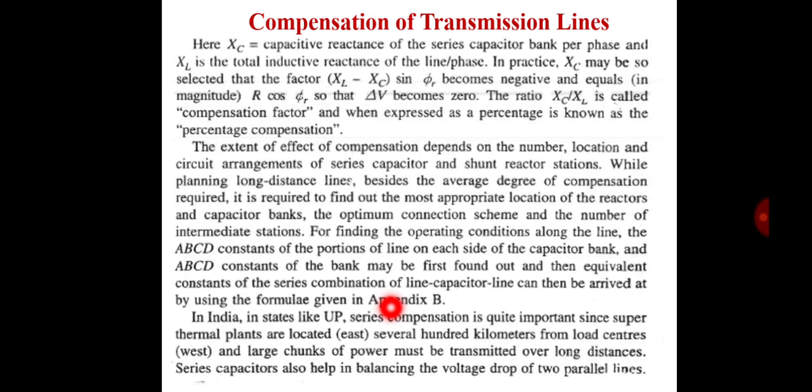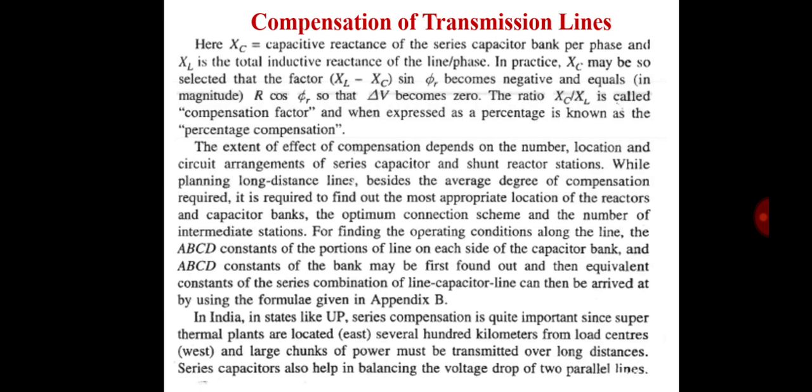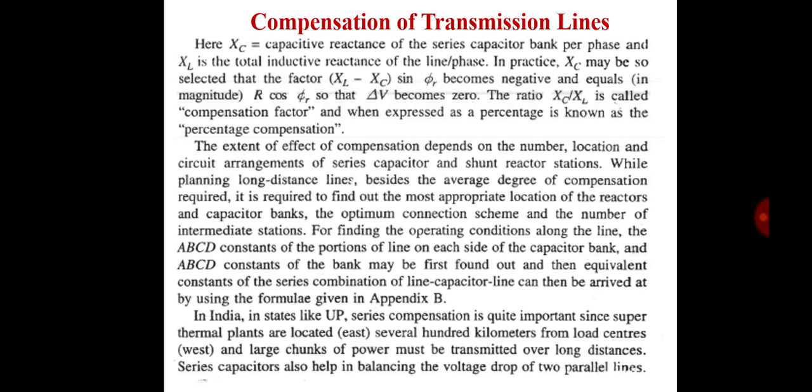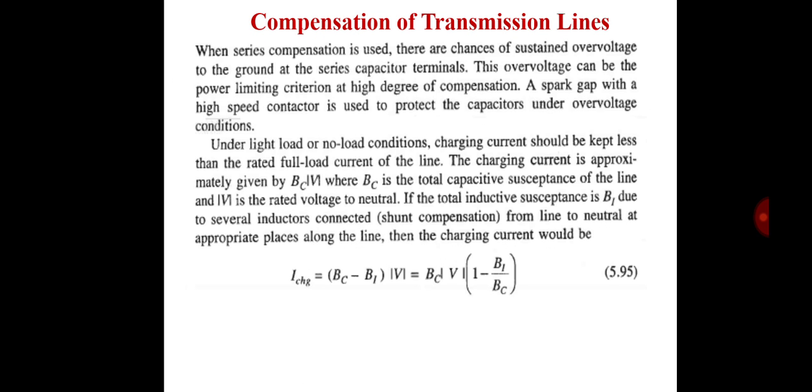So series capacitors also help in balancing the voltage drop of two parallel lines. Means here what we study is the control of voltage, means we control the voltage and voltage drop. Okay, for this we use the compensation of transmission line.